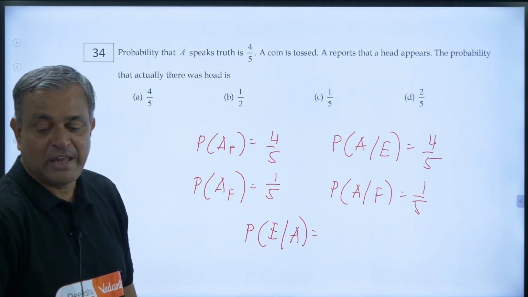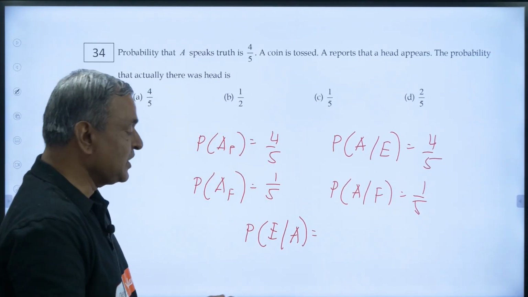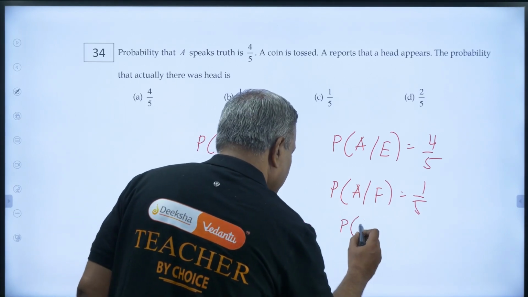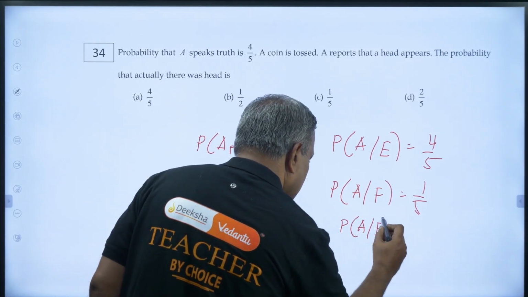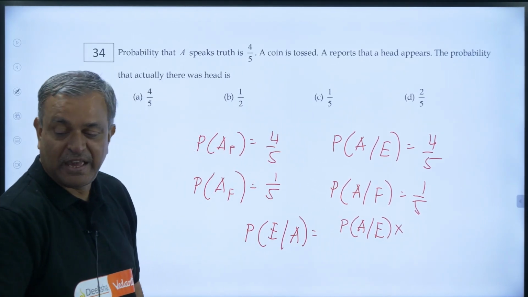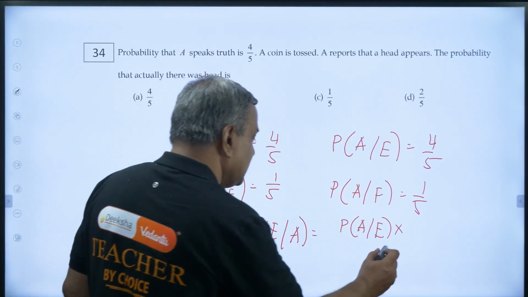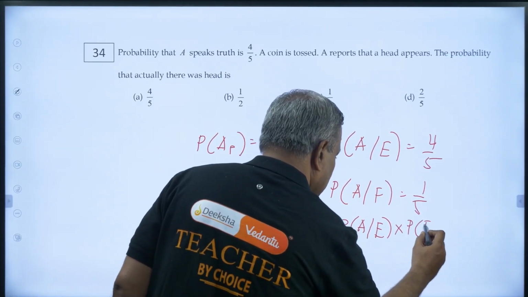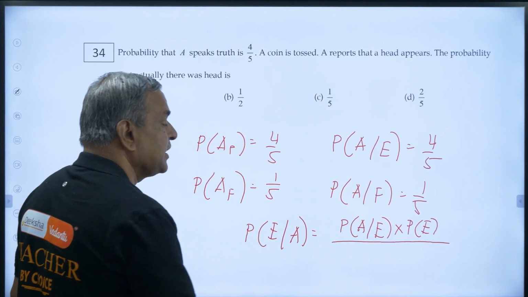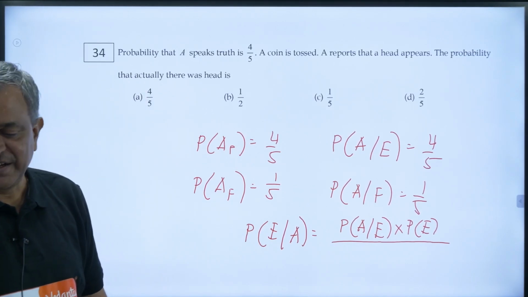P of E by A is P of A by E into P of E, divided by both the possibilities, tail and head.